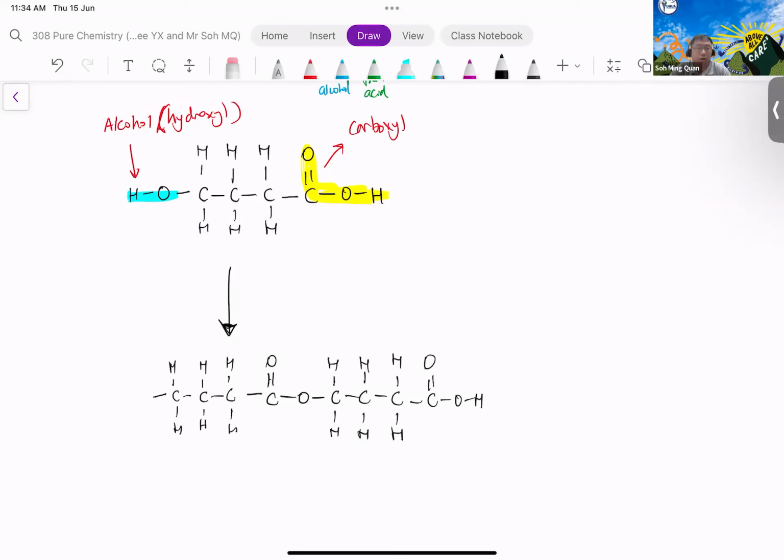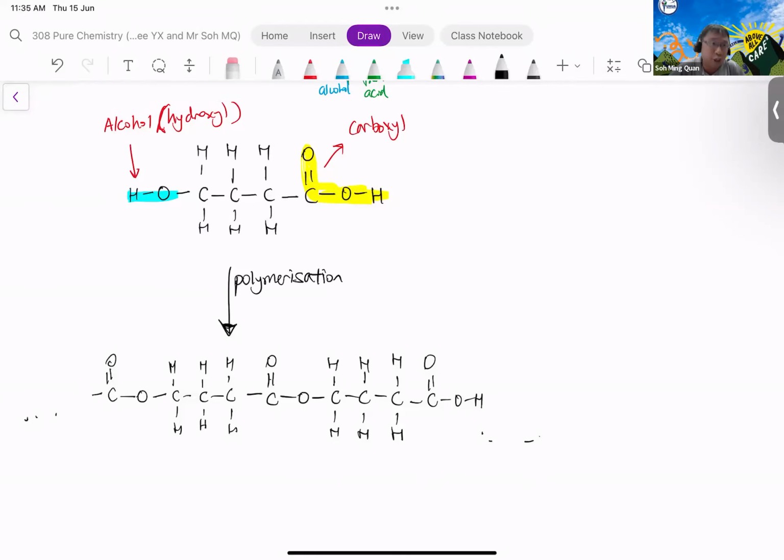And then this alcohol can also react with the carboxylic acid of another molecule, and so on and so forth. So what is this? This is polymerization. So the idea is polymerization can take place.